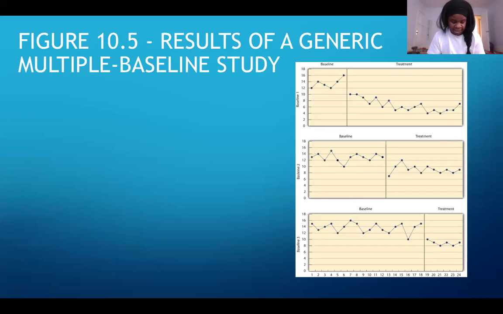The key to the design is that the treatment is introduced at different times for each participant. The idea is that if the dependent variable changes with the treatment, when the treatment is introduced for one participant, it might be a coincidence. But if the dependent variable changes when the treatment is introduced for multiple participants, especially when the treatment is introduced at different times for different participants, then it's extremely unlikely to be a coincidence, okay?